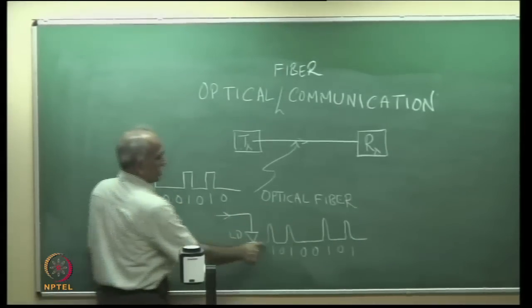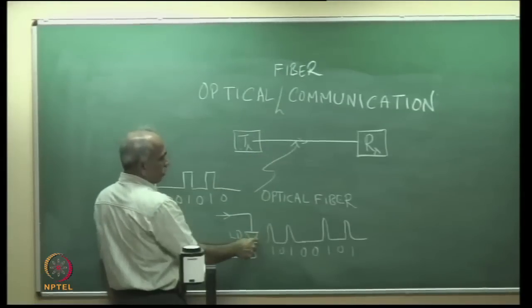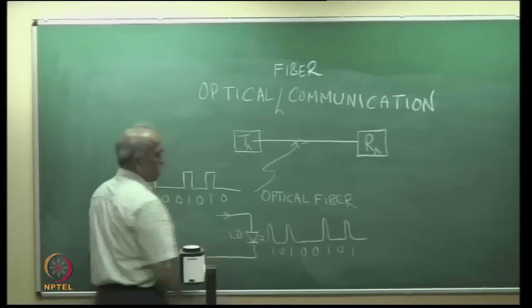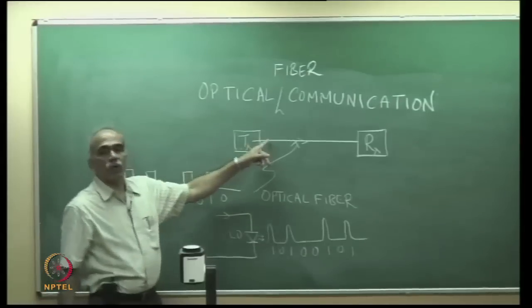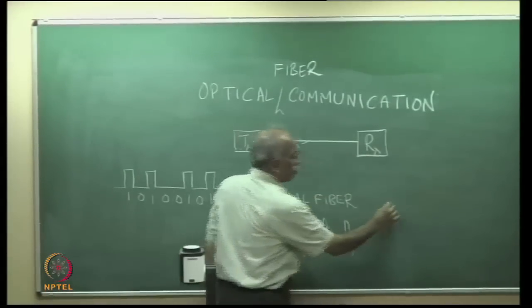The output is fed to an optical fiber. The light coming out from the laser diode is coupled into an optical fiber, and at the receiving end you have a photodetector.